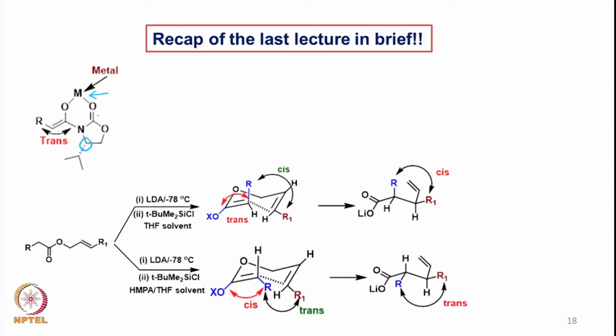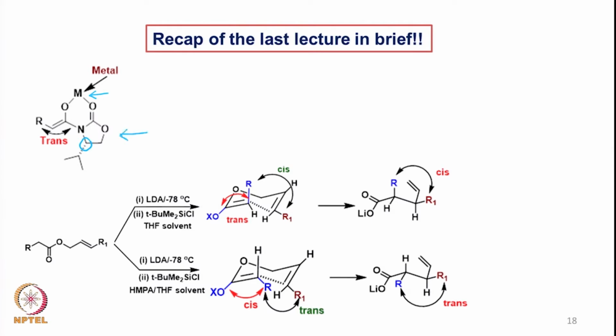Now when the syn aldol is formed, we had no surprise because that is what was expected, but how do we get the anti-aldol? For the anti-aldol formation, we saw that if we use extra Lewis acid, then that extra Lewis acid does not allow the aldehyde to break the enolate of the boron, and the chelation remains intact as it is here.